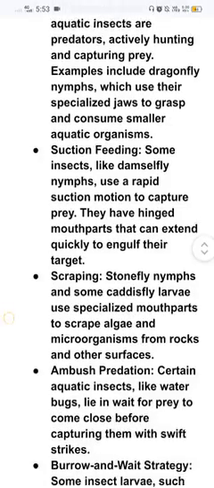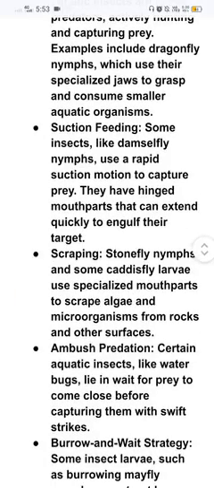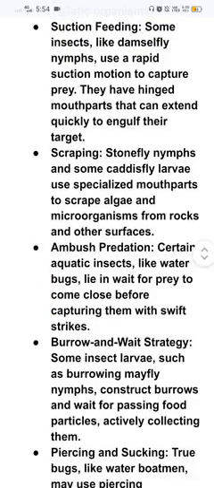Then suction feeding, in the sense some insects like damselfly nymphs use a rapid suction motion to capture prey. They have hinged mouthparts that can extend quickly to engulf their target. With the help of suction, they capture other organisms. Scraping.